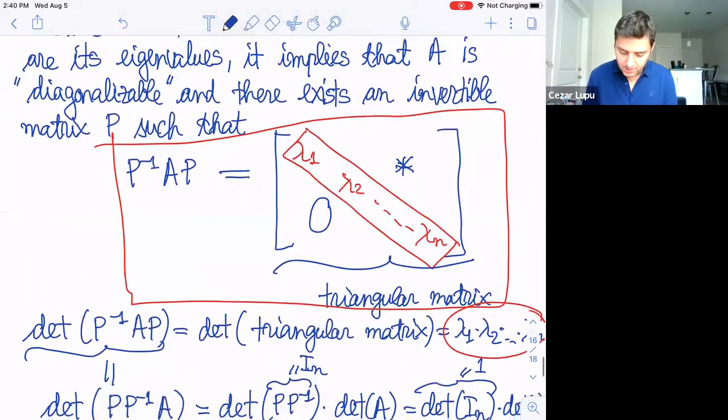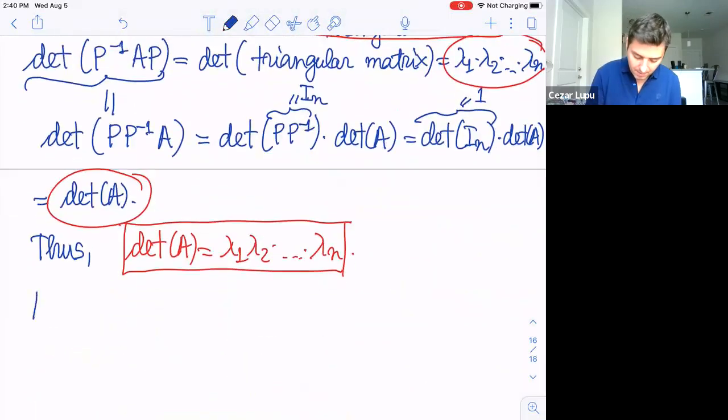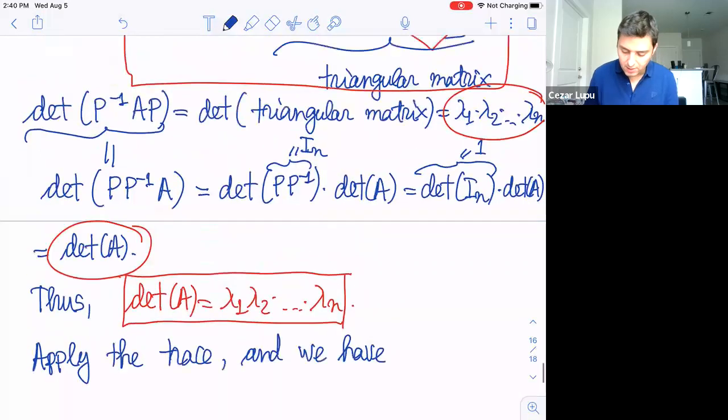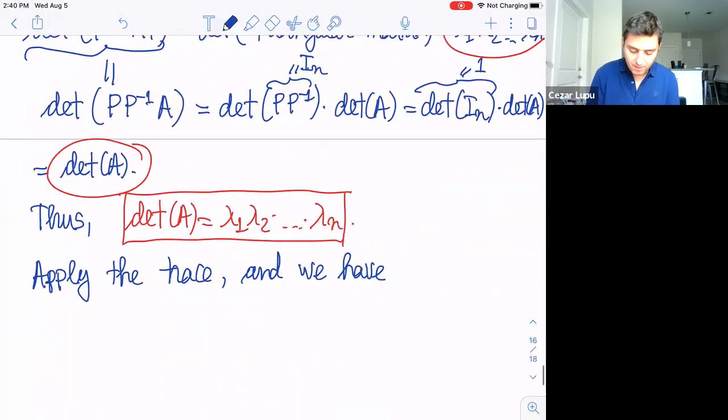The trace of P inverse times AP is nothing else than the trace of the triangular matrix.